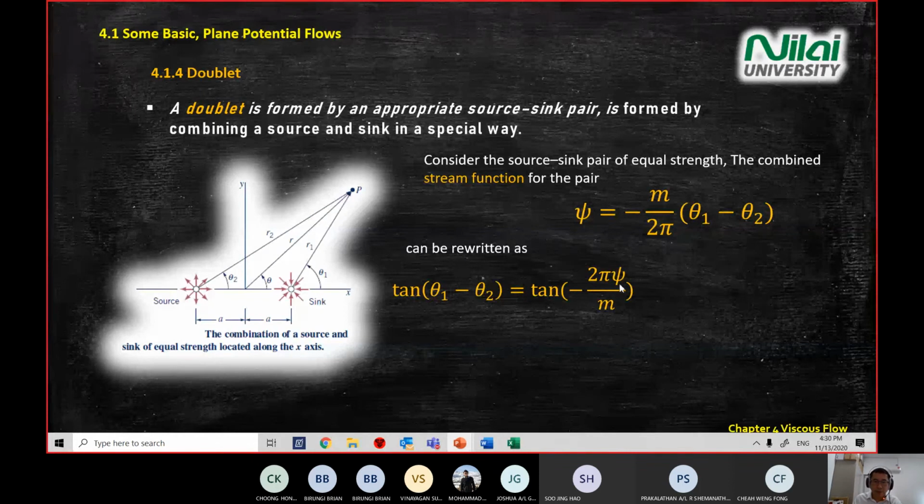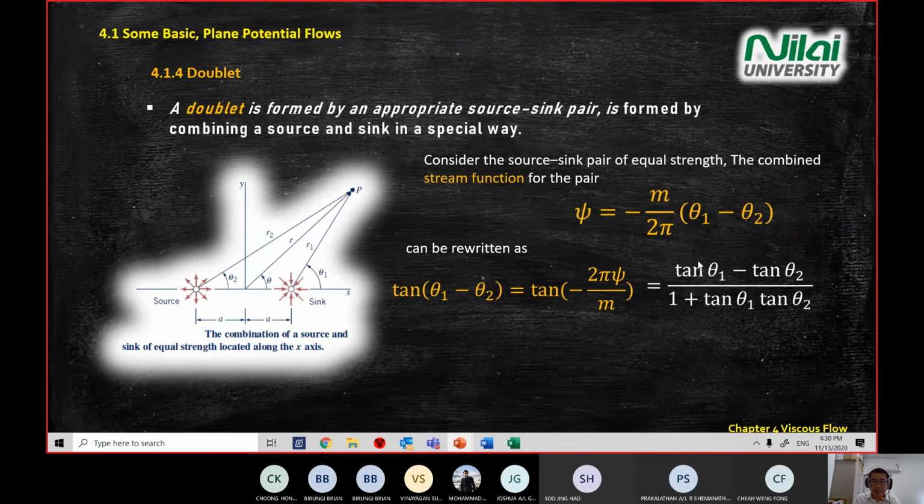So once you have this trigonometry equation, then you will further develop. You rearrange this stream function equation, meaning the 2 pi. You move the whole constant from the right to the left. You have negative 2 pi stream function divided by m, and then you put in the tan on both sides, like this.